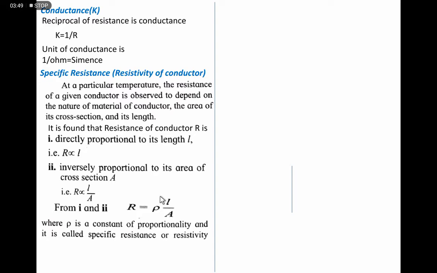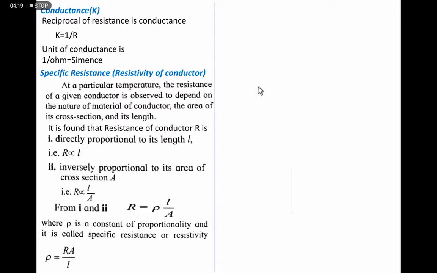Rho is the proportionality constant known as the specific resistance or resistivity of the conductor. For rho we'll write R A by L, where R is the resistance, A the area of cross section and L the length of the conductor. By rearranging this equation, rho is equal to R A by L.